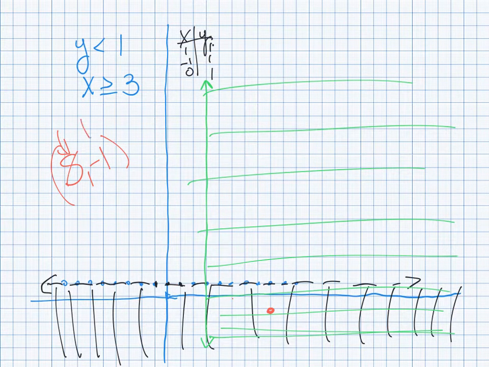And is the y less than 1? Yeah. That point meets the requirements of both equations. That's why it's in the plaid section. If I were to pick a point up here, that would only meet the requirements of the second equation. And if I were to pick a point over here, it would only meet the requirements of the first equation, okay? Because that's where the black and the green are alone.